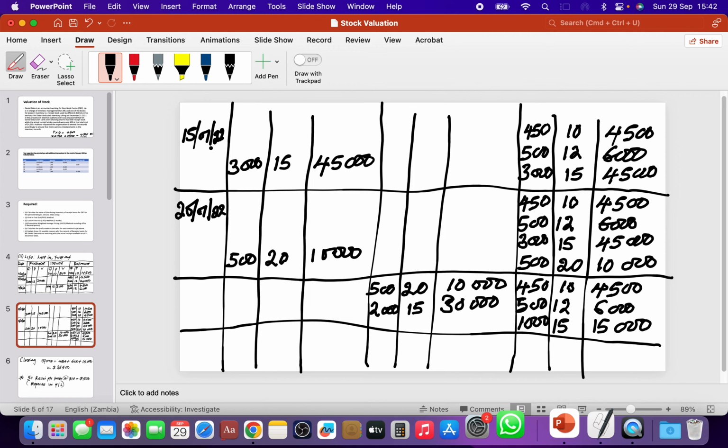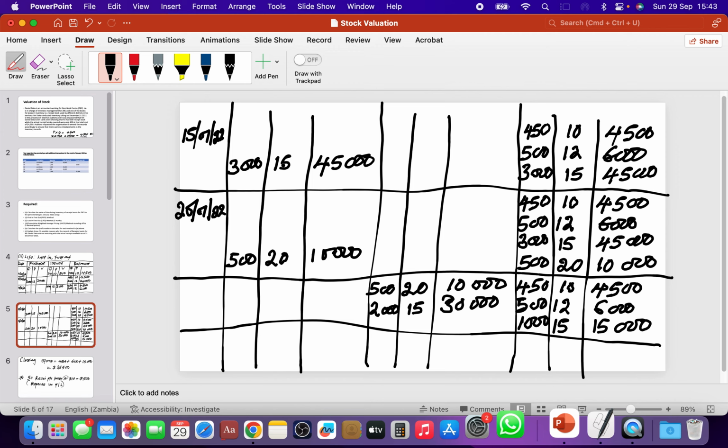These are the ones that I bring forward here, 450 units at $10, 500 units at $12. On the 15th of January, I bought more units, 3,000 units. They were valued at $45,000. For me to find the price per unit, I'll divide 45,000 by 3,000. It will give me $15.